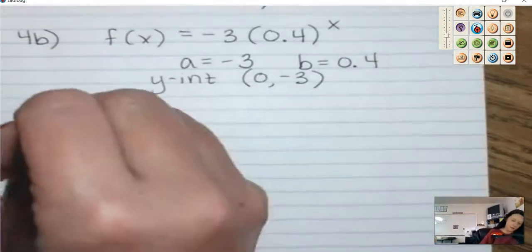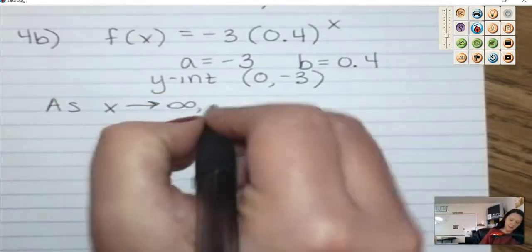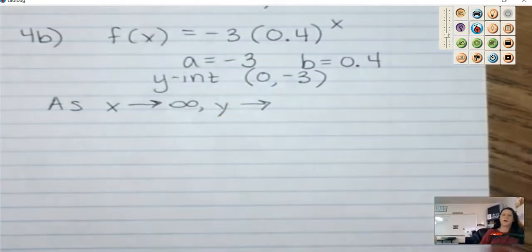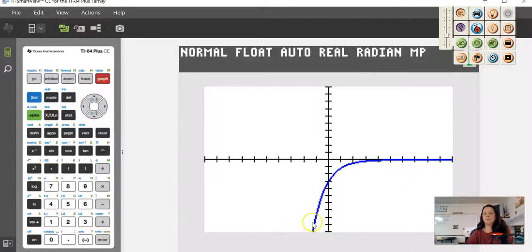Okay, end behavior. As x approaches infinity, y approaches what? If you look at the graph, as x is getting bigger, I want to know what's going on with the y values. As I go left to right, the y values go up, up, up until they hit 0.